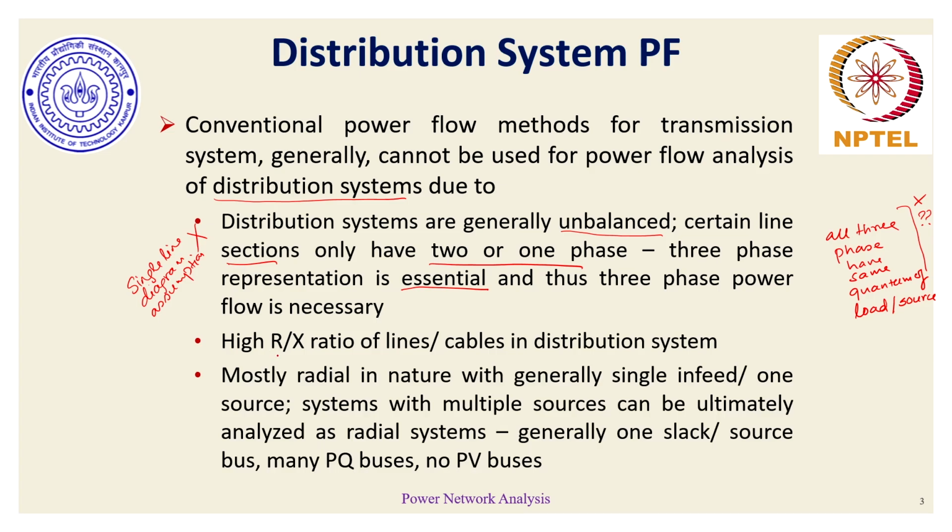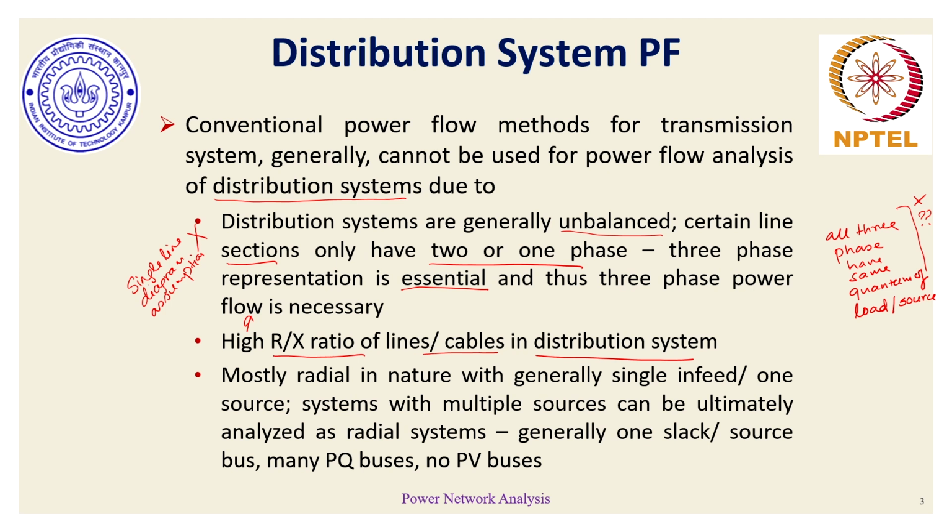Also, the R by X ratio of the associated overhead lines or underground cables in distribution networks tends to be higher. Obviously the conductor types are different, but the conductor material used in distribution lines and transmission lines remains more or less the same.